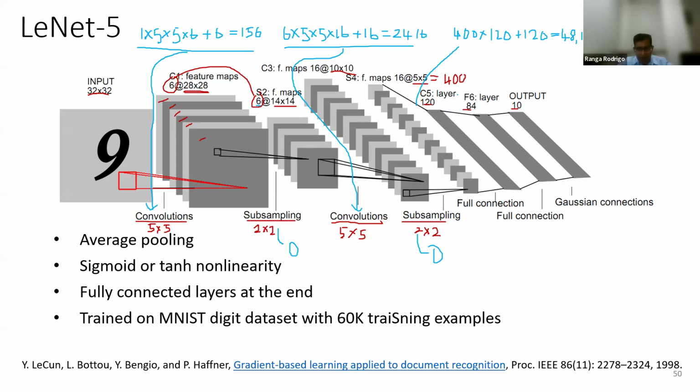Good. Now you can see there's another connection, 120 to 84. Now it's easy for you to calculate, right? 120 times 84 plus 84, that's equal to 10,164.